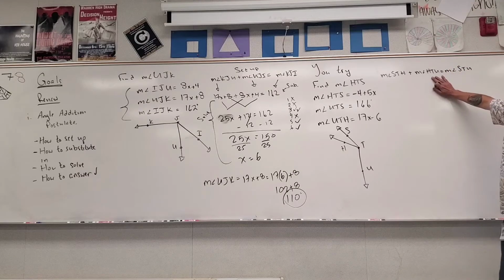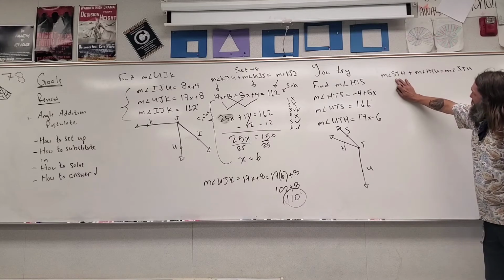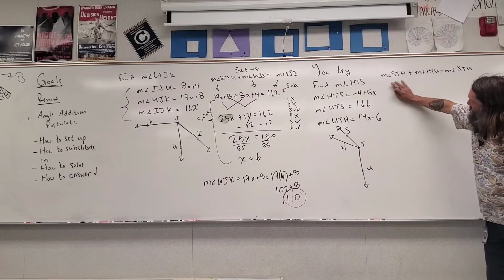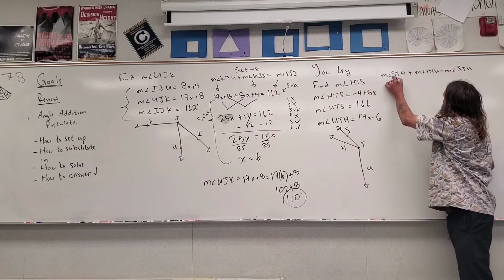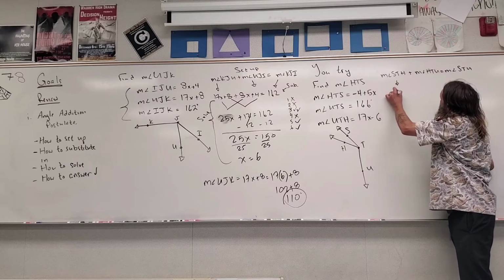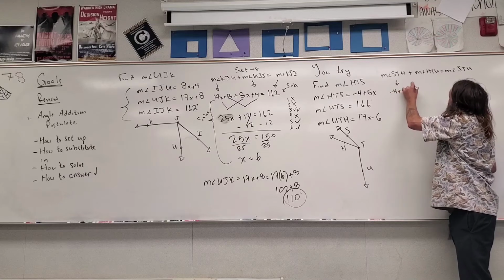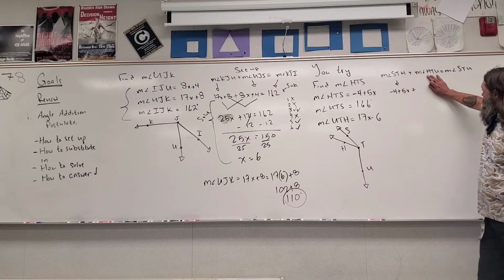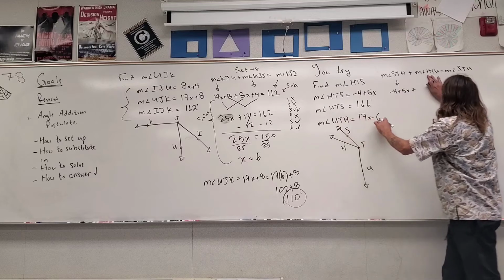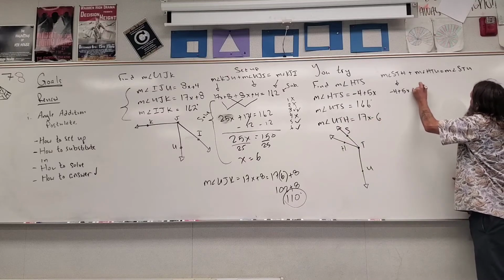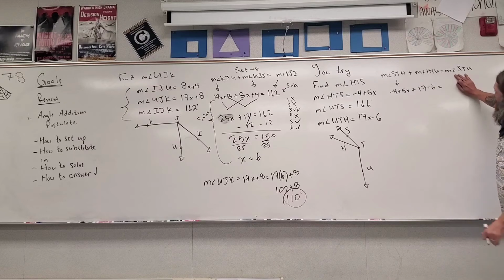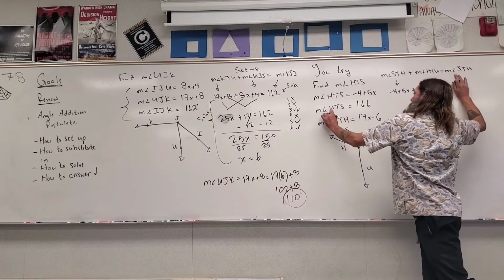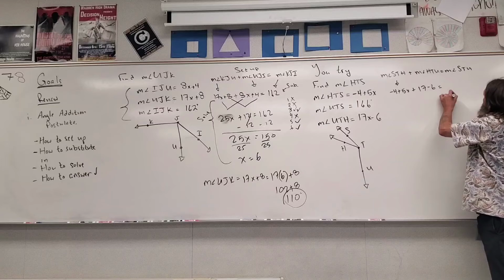That's me setting up the angle addition postulate. Now I can substitute in. I know that the measure of angle STH is negative 4 plus 5x. I know that the measure of angle HTU is 17x minus 6. And I know that the measure of angle STU is 166 degrees.